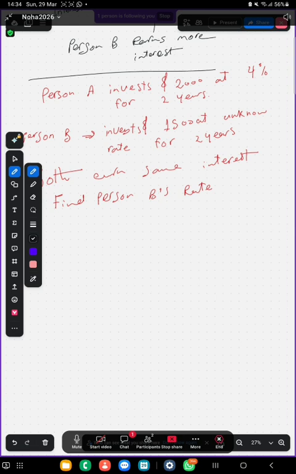First we compare them. We write person A, and then we write down the equation: I is equal to P times T times R divided by 100.